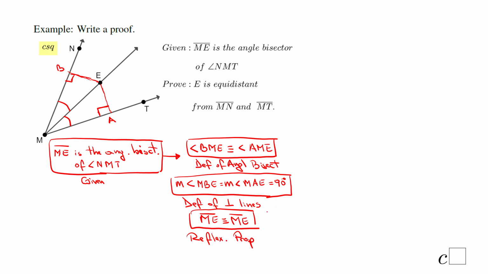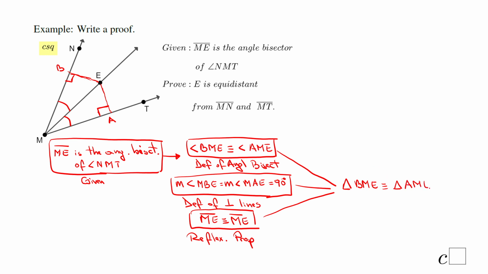And now from these three statements we can say what? Triangle BME is congruent with triangle, and now we're going to be sure we write the corresponding letters, AME.